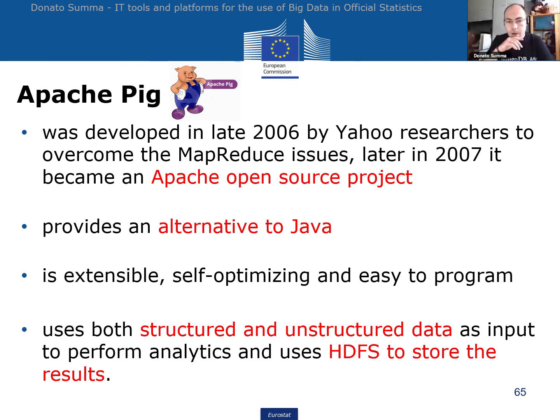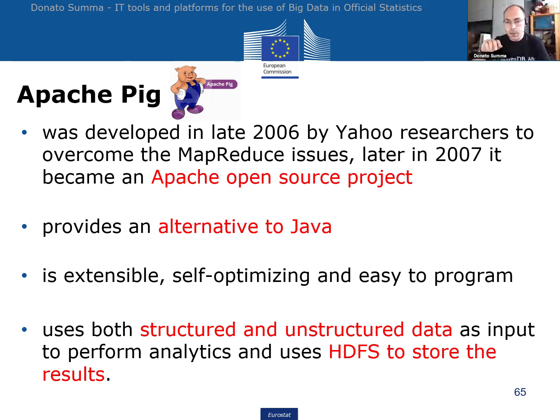That's why someone decided to develop another solution for this problem, and in particular Apache Pig. Apache Pig was developed in late 2006 by Yahoo researchers to overcome the MapReduce issues, and later on in 2007 it became an Apache open source project.